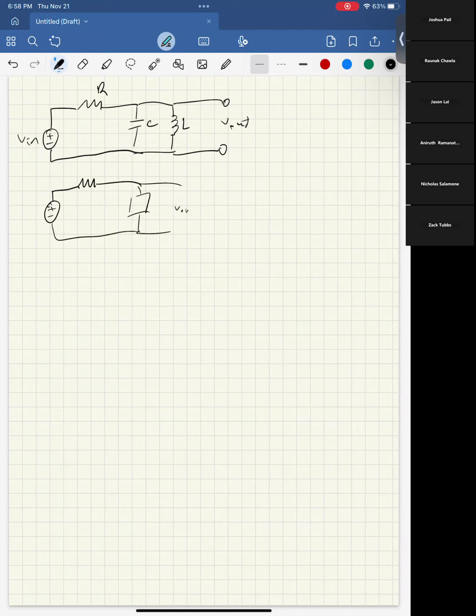So you can think of this circuit as your resistor and then some impedance box, and that's your V out, where this Z equivalent is going to be equal to j omega L times negative j over omega C, over j omega L minus j over omega C, which you can simplify. The omegas cancel.